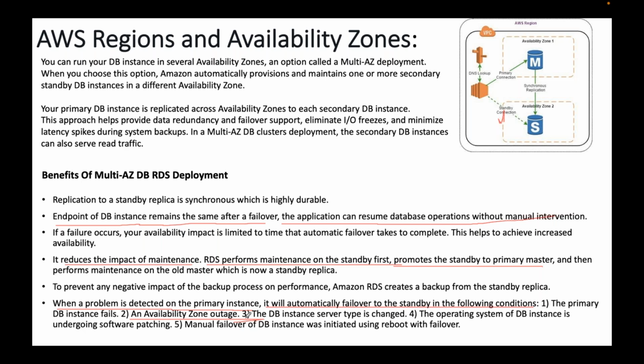If the database instance server type is changed, it will also fail over to the secondary. And if the operating system of the database instance is undergoing patching, the standby becomes primary. Manual failover of the database instance can also be initiated. So is everyone clear what is this multi-AZ deployment of RDS? What are the advantages of multi-AZ RDS deployment?